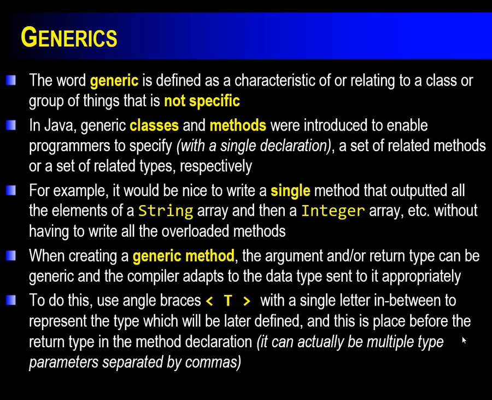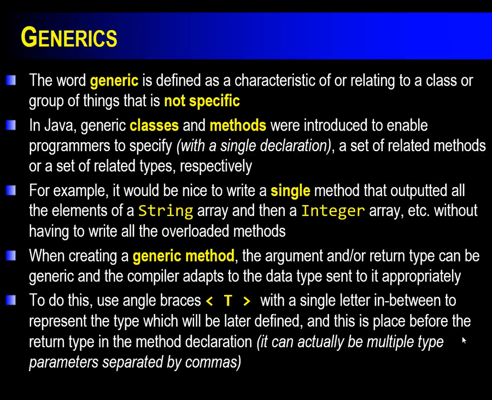In Java, a generic class and a generic method are options that you can create. Okay, they were introduced to enable programmers to specify a set of methods of related types. In other words, you could make one method that worked on multiple data types rather than a specific data type. Same with classes, a class that could deal with a generic data type rather than a specific data type.